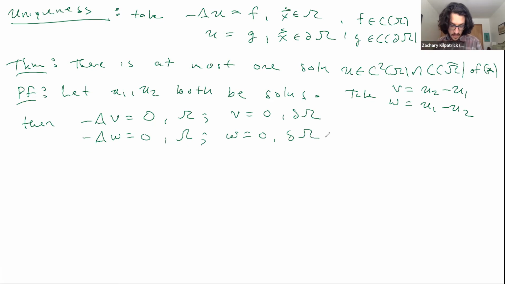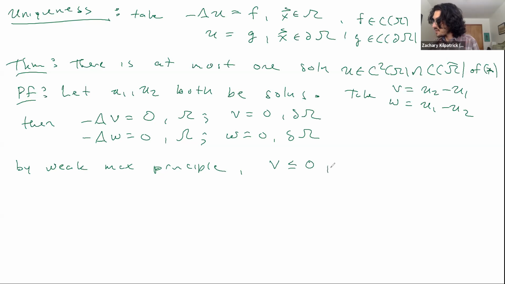And we don't even need the strong maximum principle. We can just use the weak maximum principle. V is bounded from above by 0, and W is bounded from above by 0.